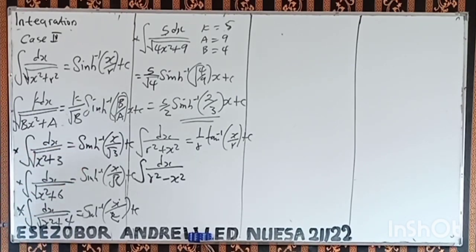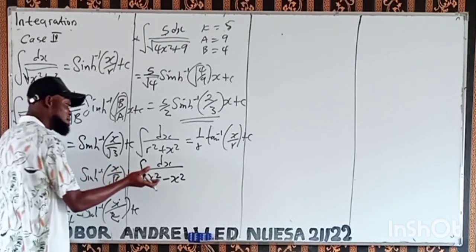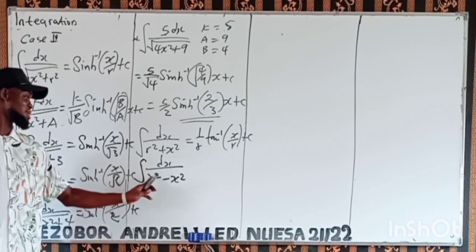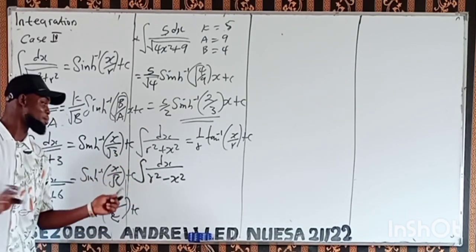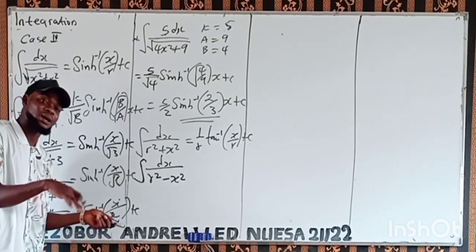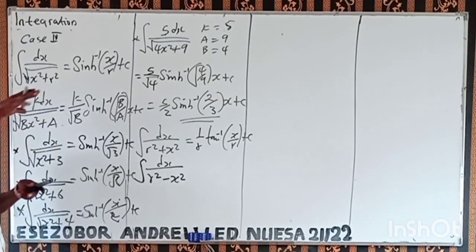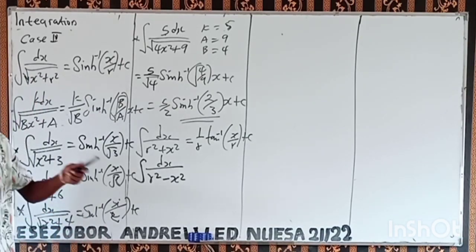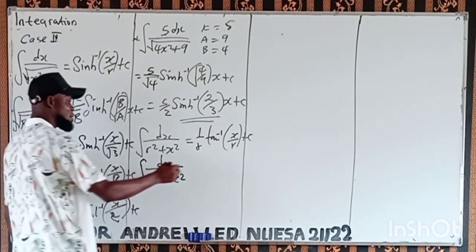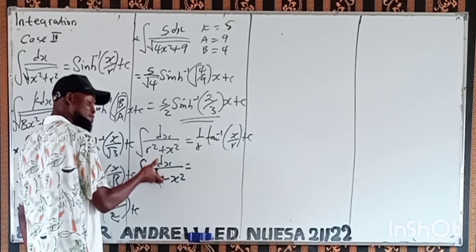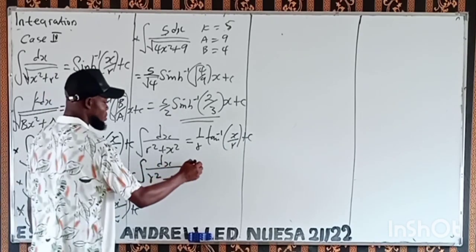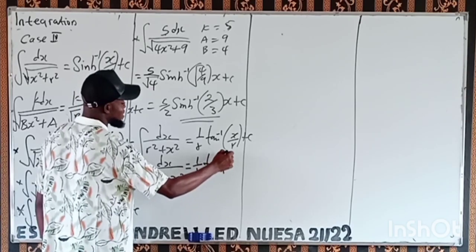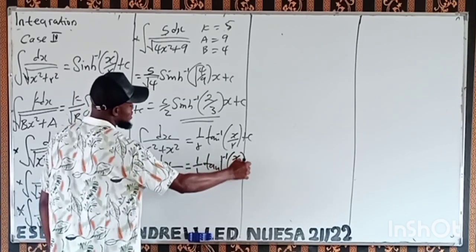Remember, if there's a square root, it will be sine. If there's no square root, what will be the answer? This one is a difference of two squares. It will be r minus s times r plus s. You now use partial fractions to expand it before you integrate. Or the answer will just come from this one. If you differentiate tan inverse, it becomes 1 over r tan inverse of s over r plus c.